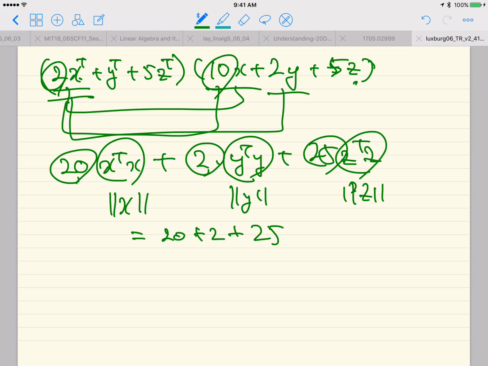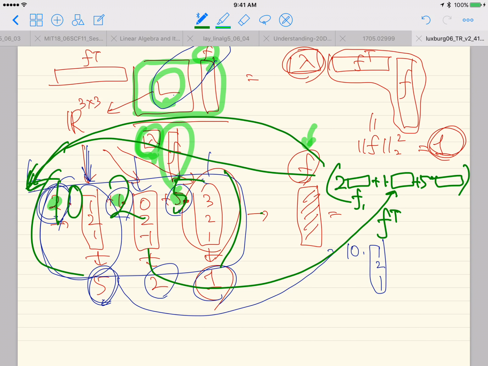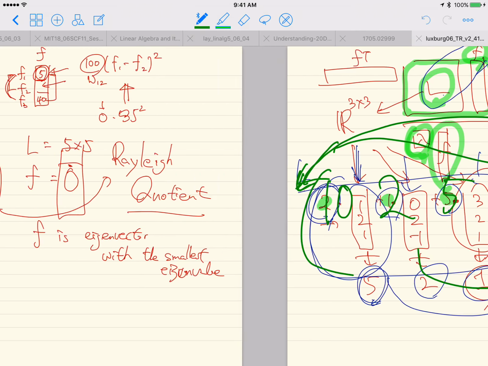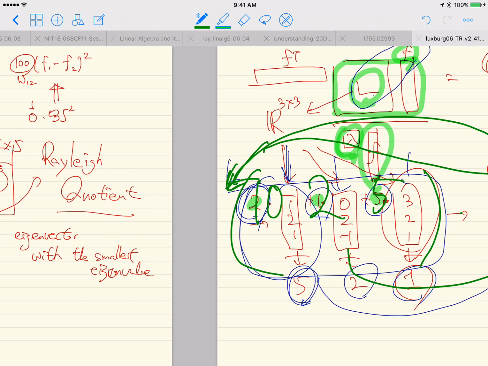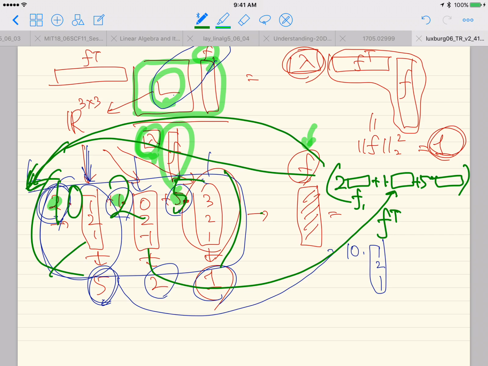And now let's look again at our constraint. Suppose our eigenvectors all have unit length, or length 1. Then our new vector f can be a linear combination of our eigenvectors, right?